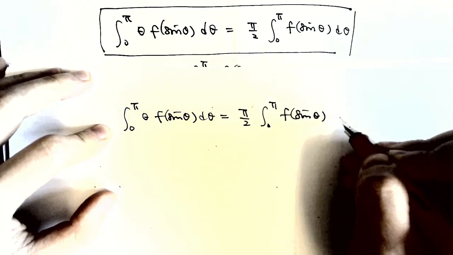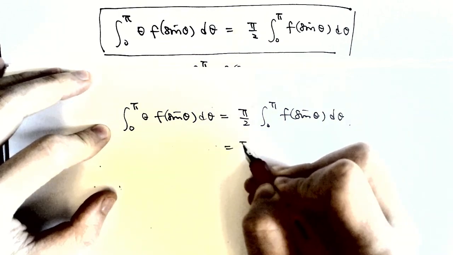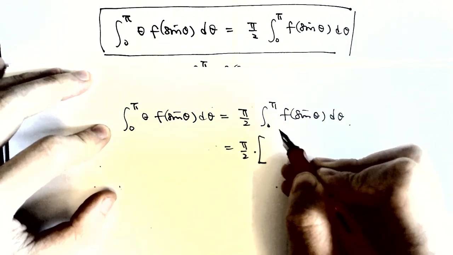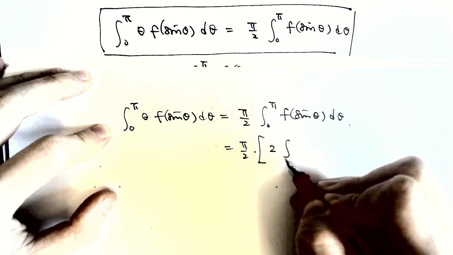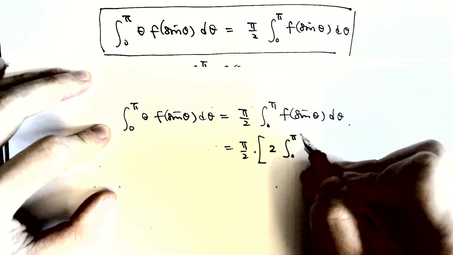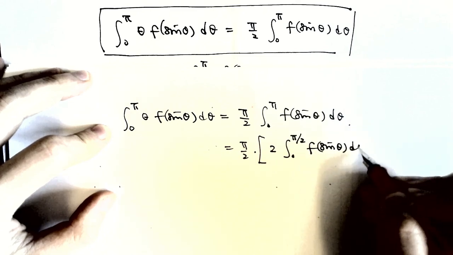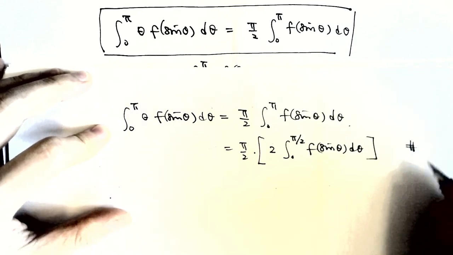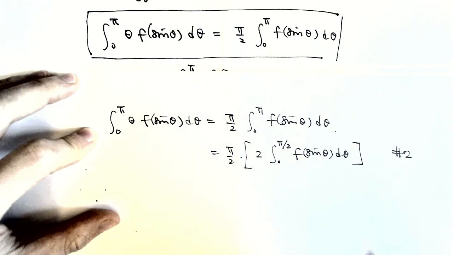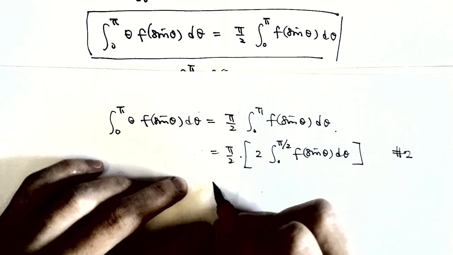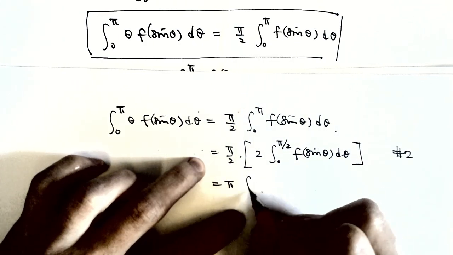But we know that this one is actually equal to 2 times the integral from 0 to pi over 2 of f of sine theta. This identity has been shown in video number 2. Now we get the idea, which is very simple.